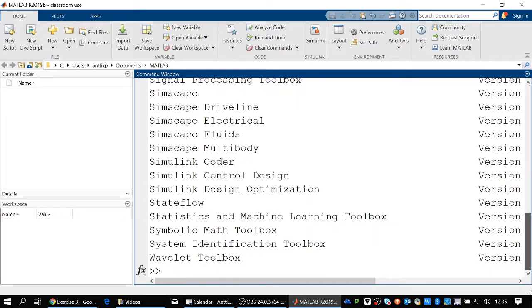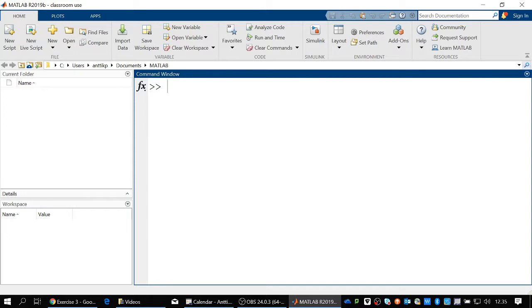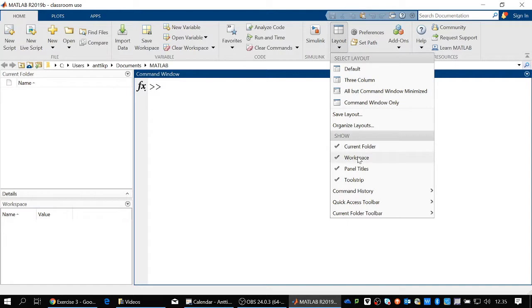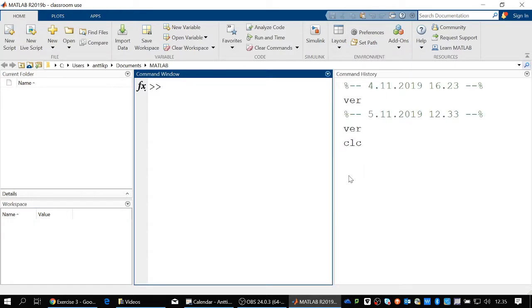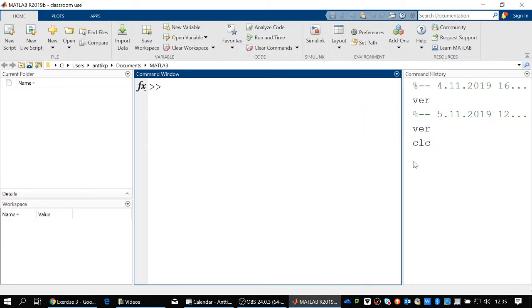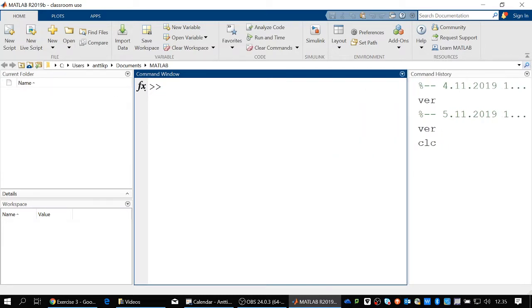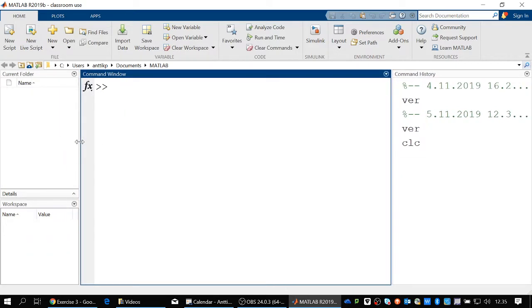Fixed-Point Designer, yes. Okay, good. Let me see. Where's the command history? All right, let me put my command history there, for example, so you can see what I'm typing here. So, command. Let's see what I was going to do. Yeah, I'm confused.